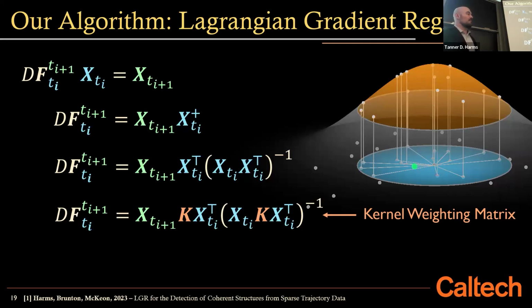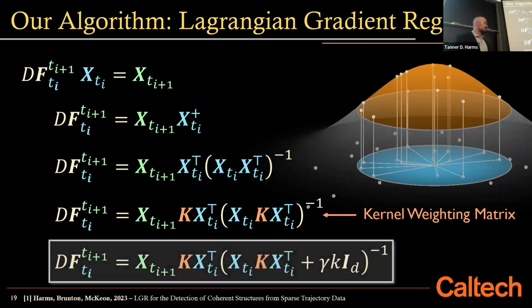If I go far away from that, the relative importance of that particle in my regression is diminished. So I'm weighting particles based on this matrix K to choose which particles I want to emphasize in my regression. This can cause some numerical stability problems if I don't add in a regularizer, so I add a very small regularization constant here, gamma, to make sure that my computations don't crash.